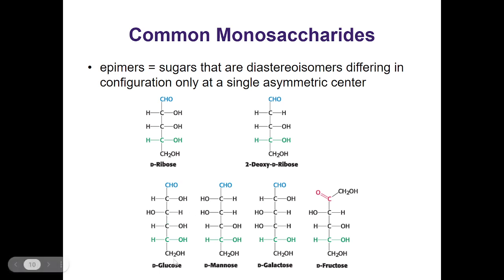Again, here's the D-glucose. Anybody noticing a pattern for the Ds? This last OH group is on which side? The right side, exactly. That's the D, okay? D-mannose, D-galactose, D-fructose. Notice how they're arranged in here. It's arranged based on the number of carbons.